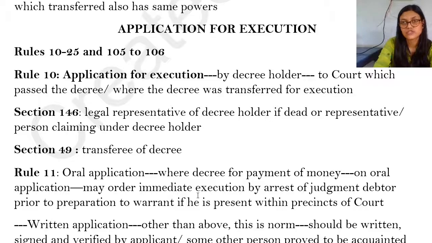Generally these applications are written, but in what situation is there an oral application? Where the decree is for payment of money, then on oral application there might be execution by arrest of the judgment debtor prior to the preparation of a warrant, if he is present within the precincts of the court. So this is one situation where oral application for execution is allowed.